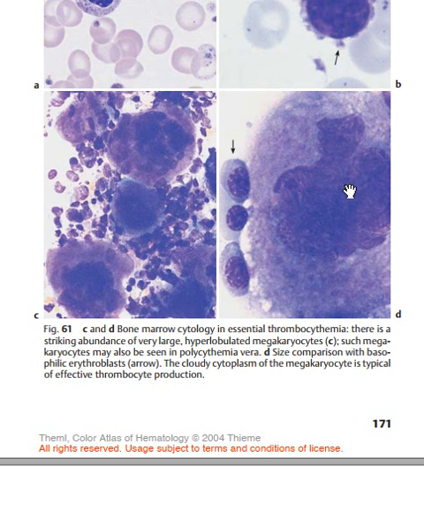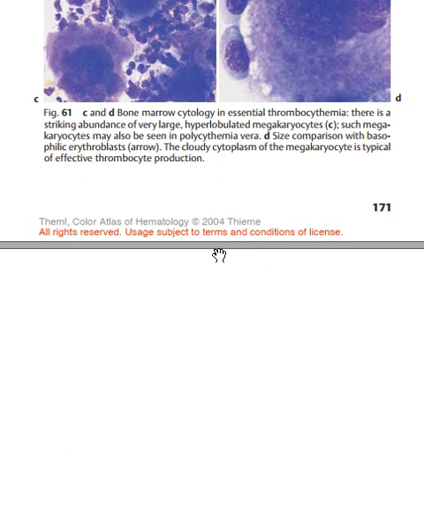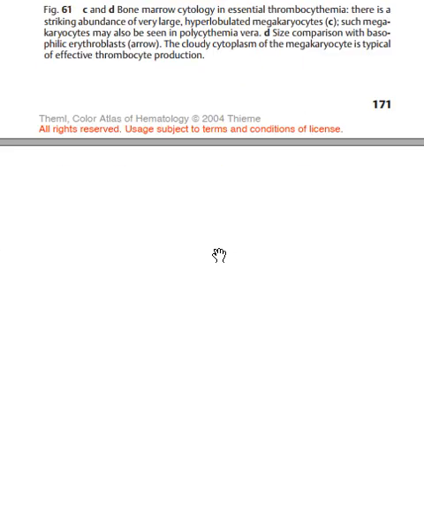Now the next one is size comparison with a basophilic erythroblast. You see, this is a basophilic erythroblast, this is a megakaryocyte. You see how they are compared. The megakaryocyte is going to be very large in the case of thrombocytosis. So from here we have visualized every disease in the thrombocyte abnormalities.